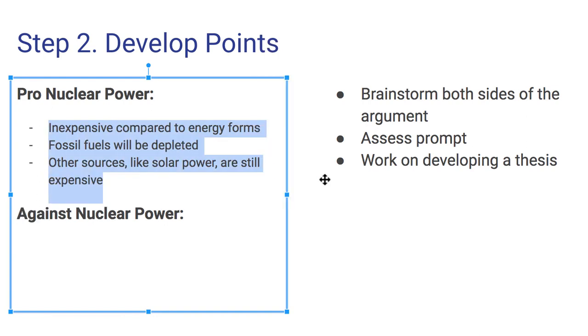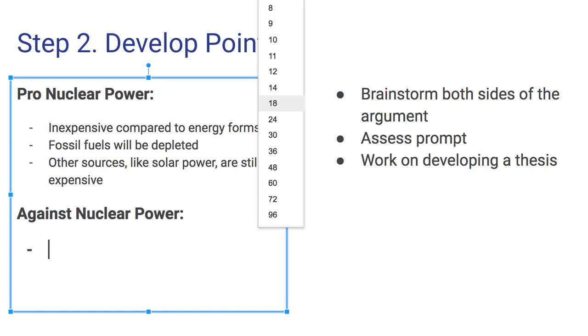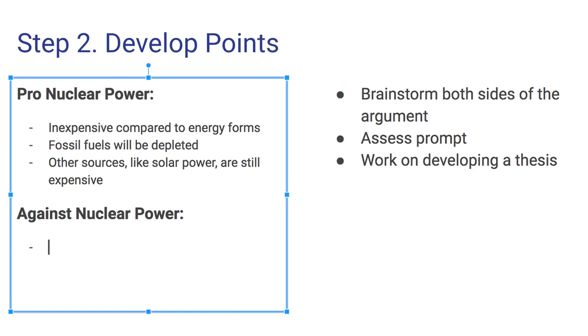Okay, so now let's look at the other side of things and why people might be against nuclear power. So maybe how about radioactive products are deadly? And we can think of a couple of different natural disasters that happened, for example, the natural disaster in Japan and all of the radioactive fallout there.